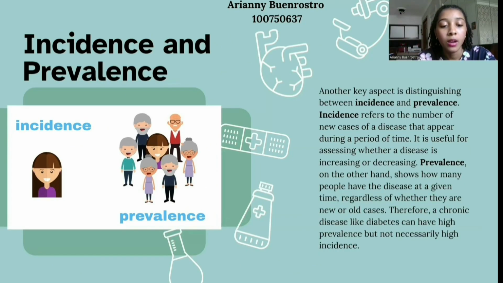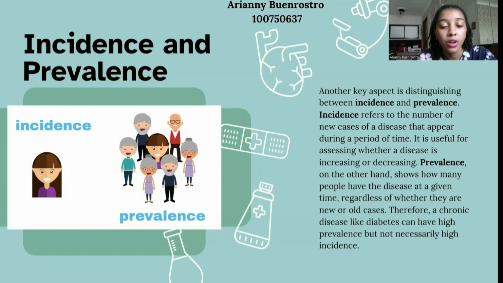Incidence and prevalence. Another key aspect is distinguishing between incidence and prevalence. Incidence refers to the number of new cases that appear during a period of time. It is useful for assessing whether a disease is increasing or decreasing.